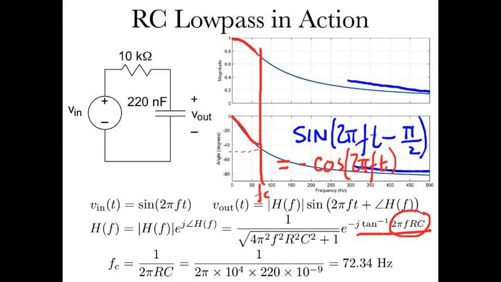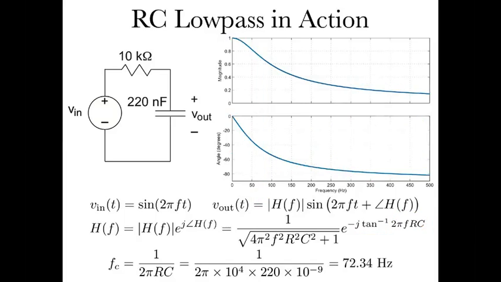Okay, so that's what we should expect. As the frequency gets very high, the amplitude gets smaller and smaller, and the output is going to look more and more like a minus cosine when all is said and done. Well, let's see if that really happens.